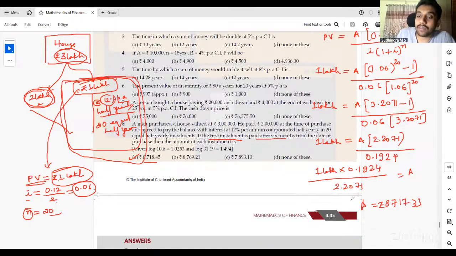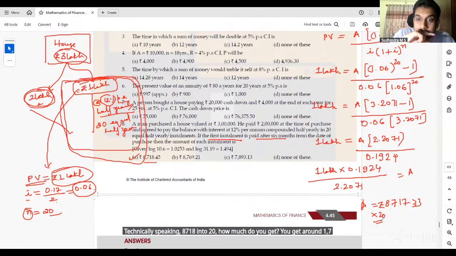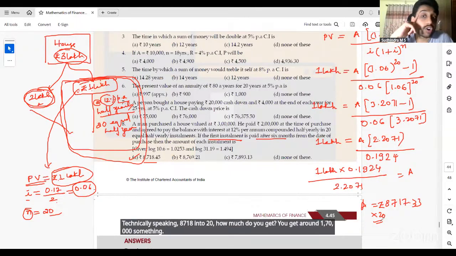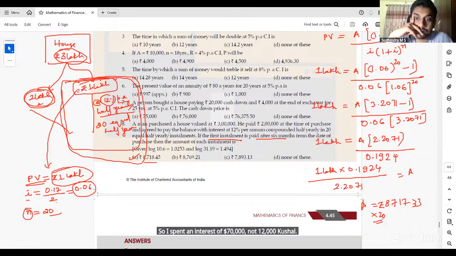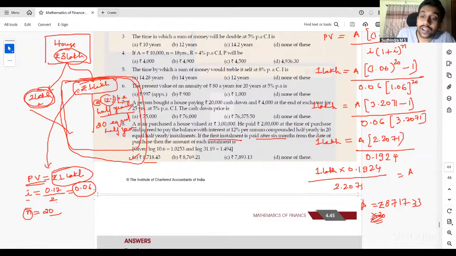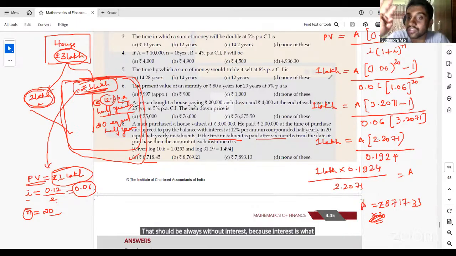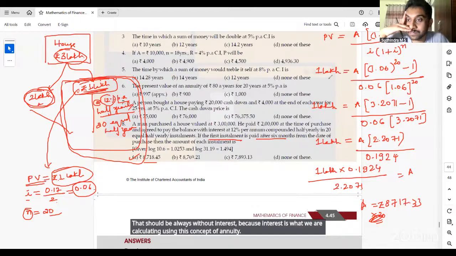Technically speaking, 8718 into 20 gives you around 1,70,000 something. So he has paid an interest of 70,000, not 12,000, Kushal. So when we are taking present value, that lump sum balance 1 lakh should always be without interest, because interest is what we are calculating using this concept of annuity.